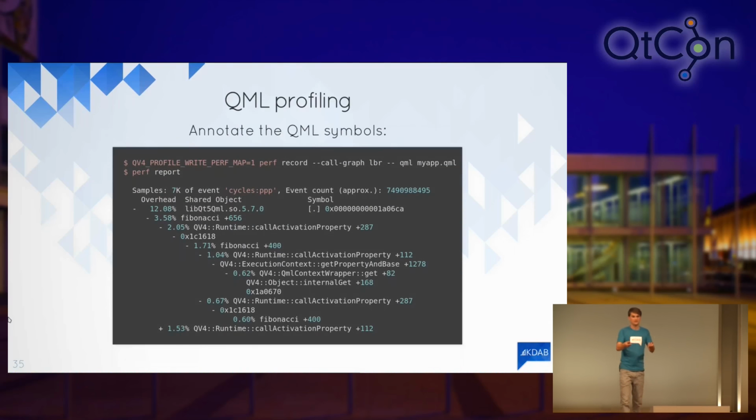If you export that environment variable, Qt declarative will write this file, and perf report can make use of that, and it will translate at least some of the addresses into QML function names, or JavaScript function names. It can be useful. If you want to try it out, I urge you to do it. But I think we have to improve the way the symbols are reported to perf here, and for example, also include file names and line numbers and these kind of things.